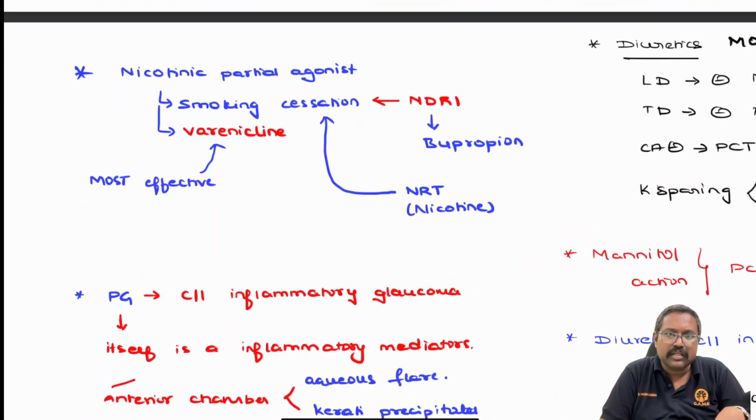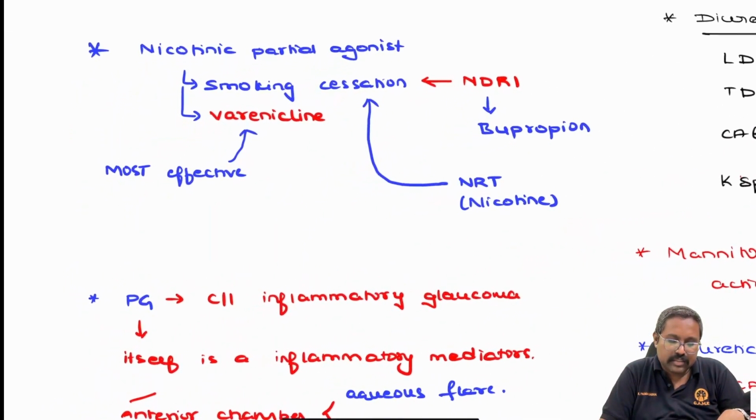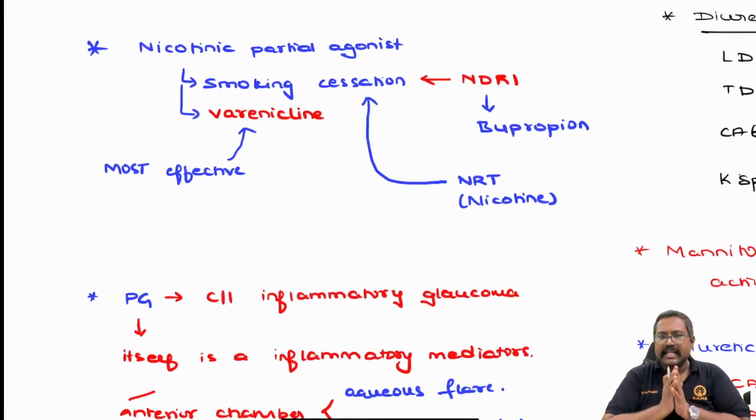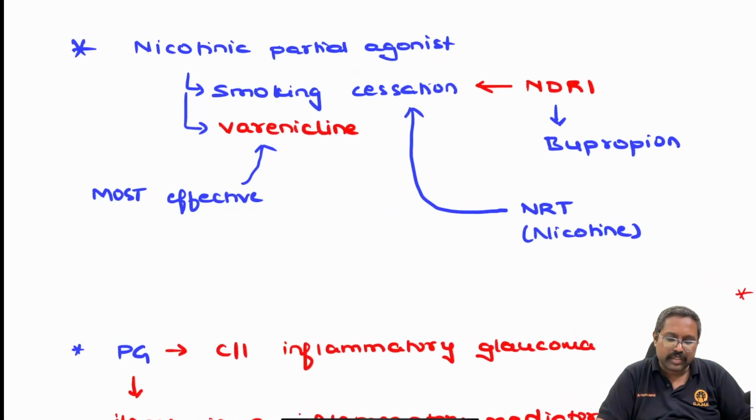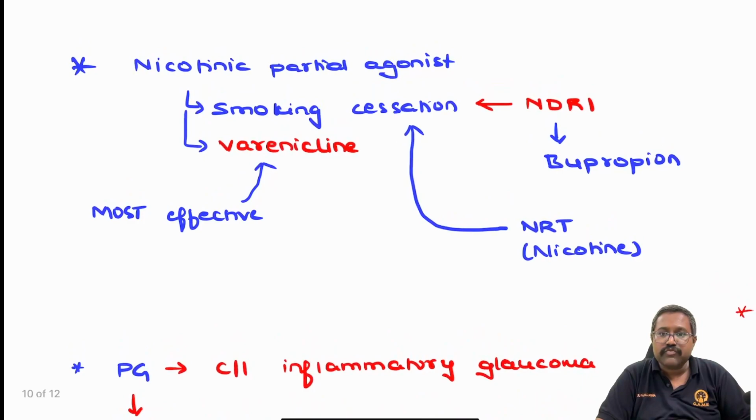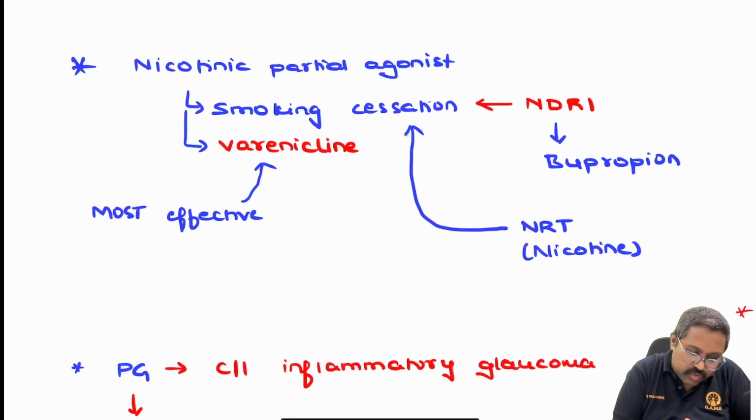Next, coming to the nicotinic partial agonist. In your exams they can ask which drugs are used for smoking cessation. Here is the clear concept.